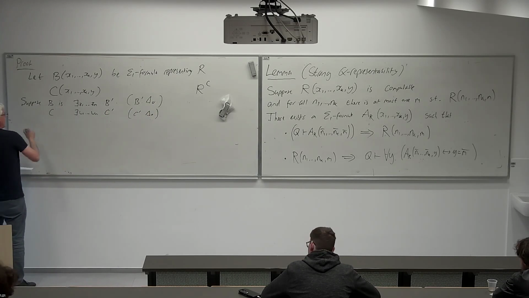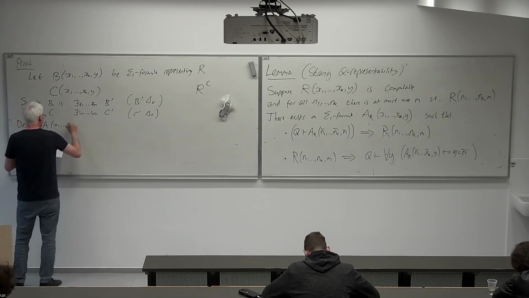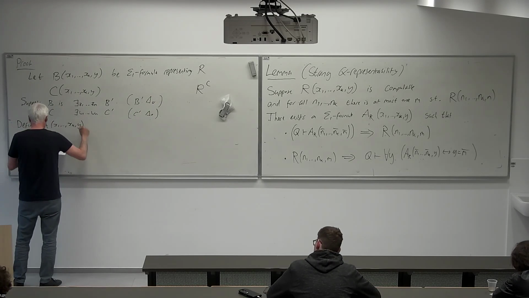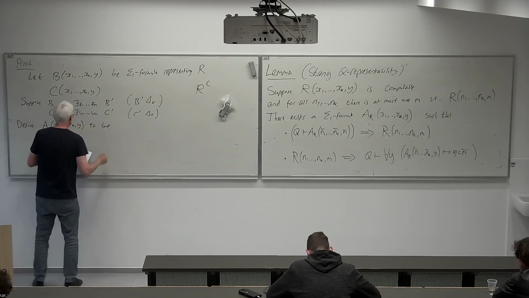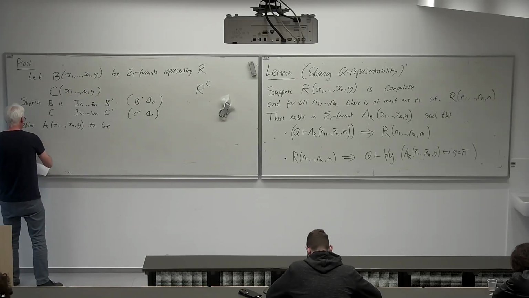So we define formula A, x1 to xk y, so this is our representing formula, to be there exists z1 up to zm.